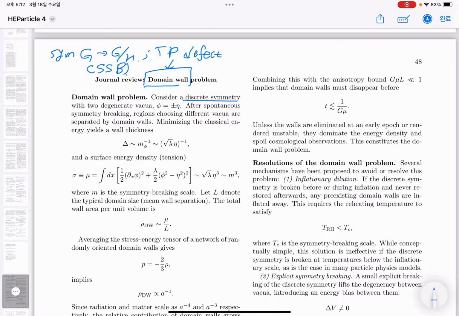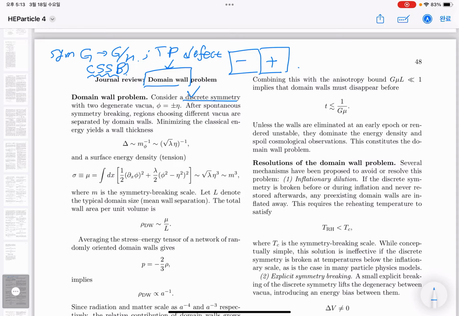First of all, when the domain wall is produced after the spontaneous symmetry breaking of the discrete symmetry, this comes from two degenerate vacua. So some region takes a vacuum expectation value with the minus sign, and other regions take the plus sign.